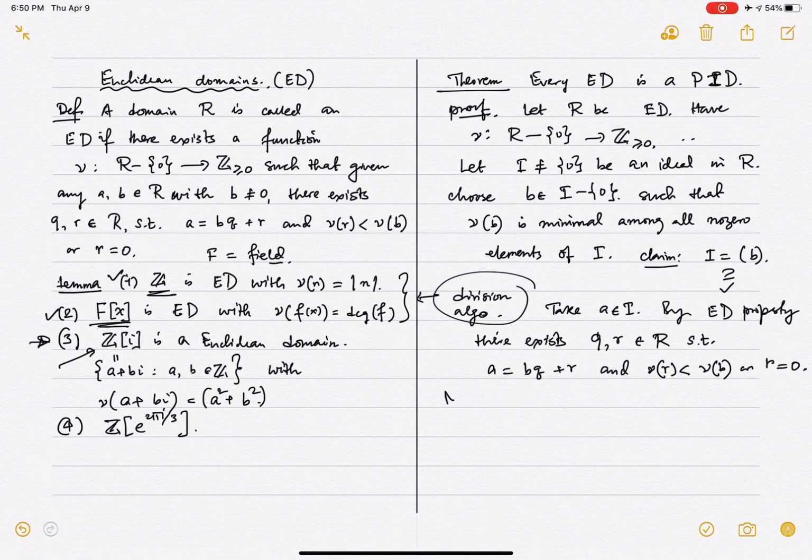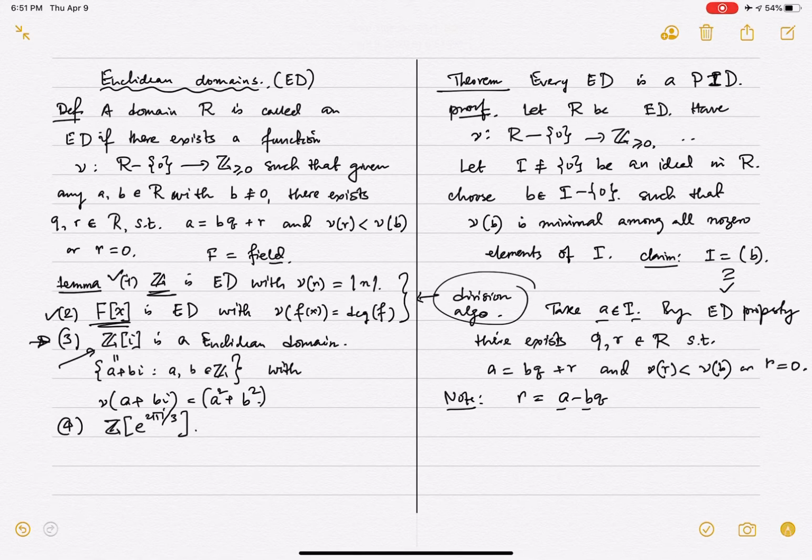Now let's just look at R. Note that R is A minus BQ, and both A and B are in the ideal I, right?